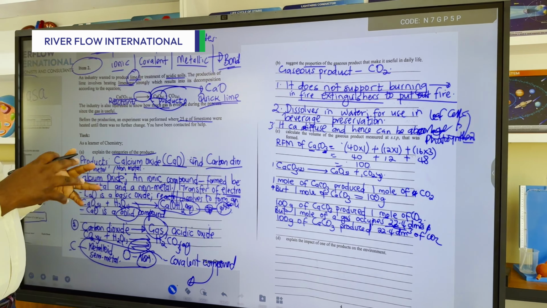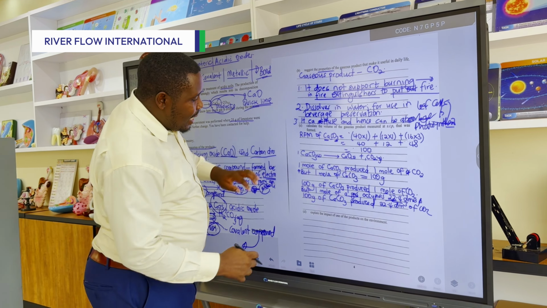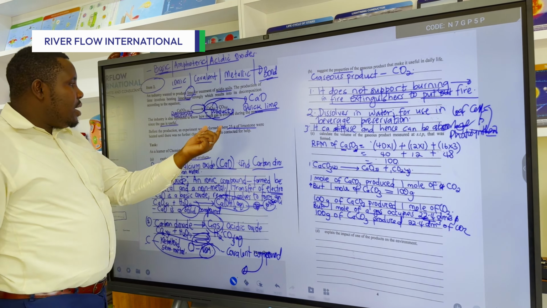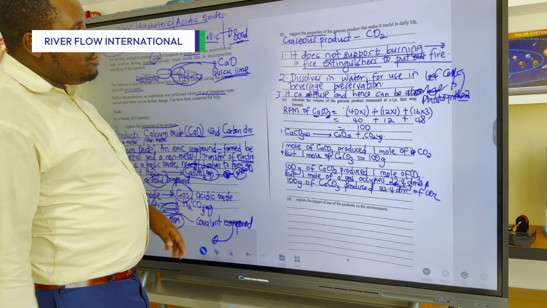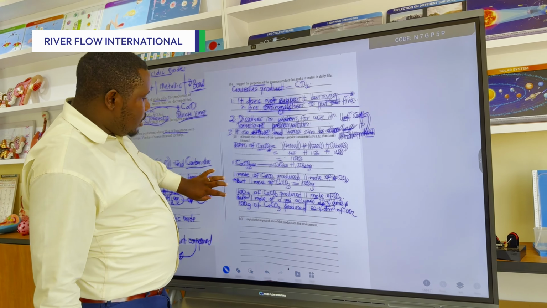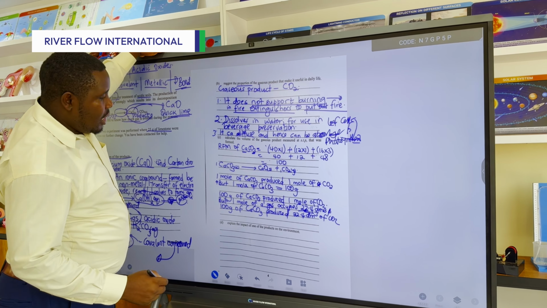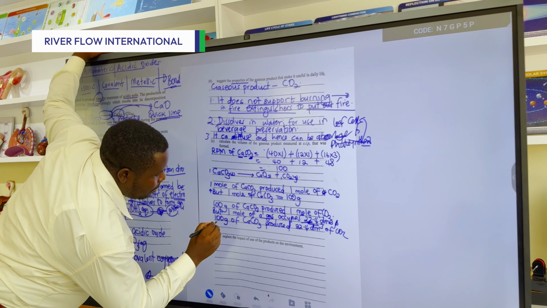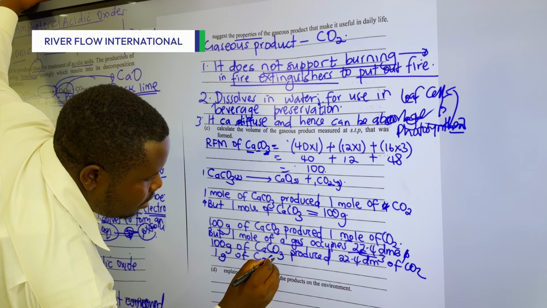Now, if I want to take it higher, remember what was burnt was 25 grams. So I can first put 1 here and then I continue. It was 25 grams which were heated. So I'm going to say 1 gram of calcium carbonate produced 22.4 divided by 100 times 1 decimeters cubed.